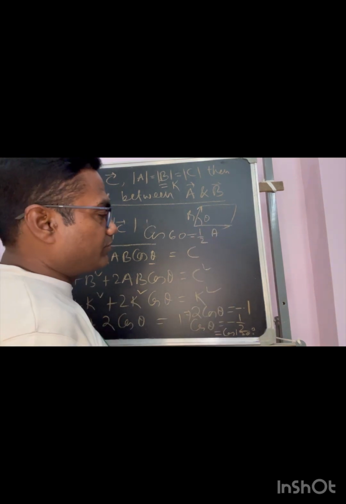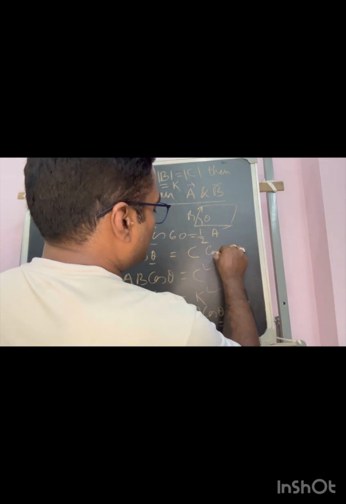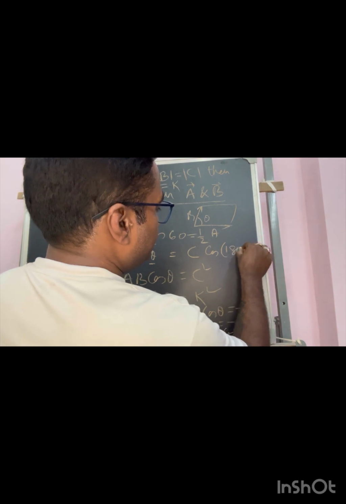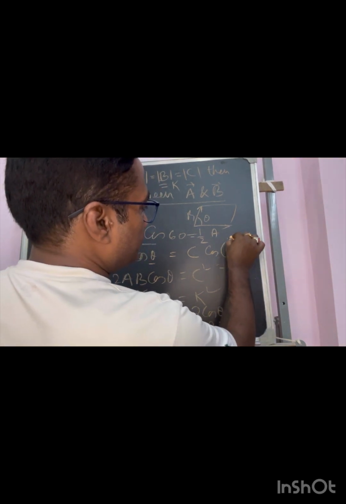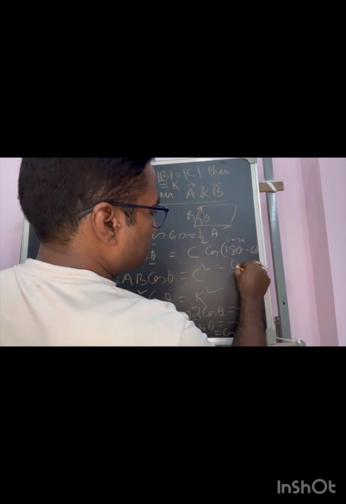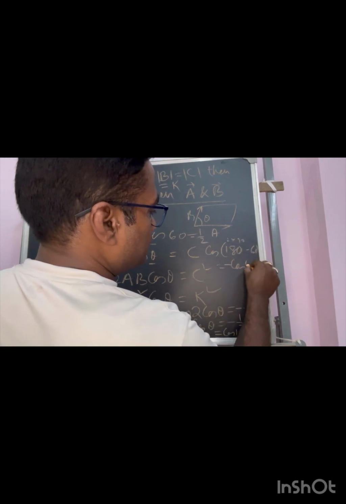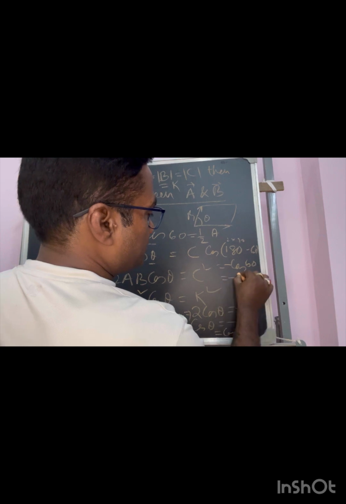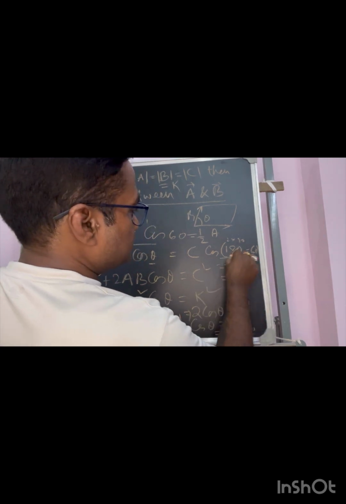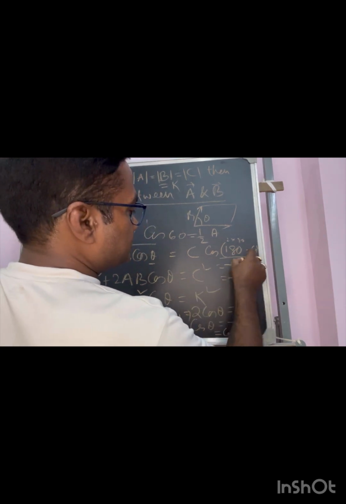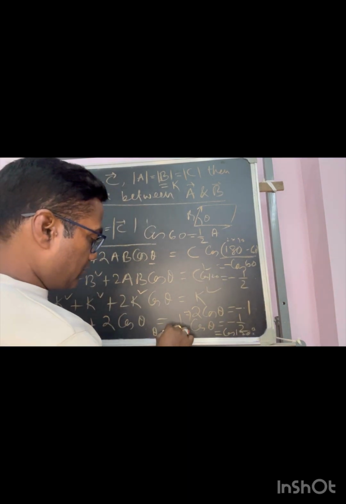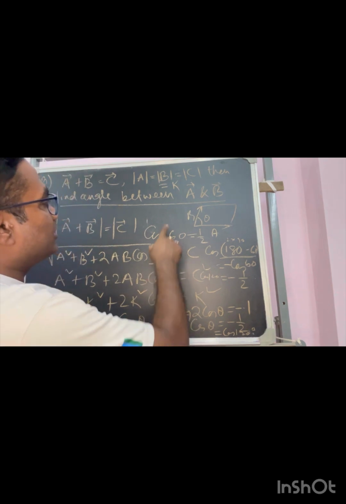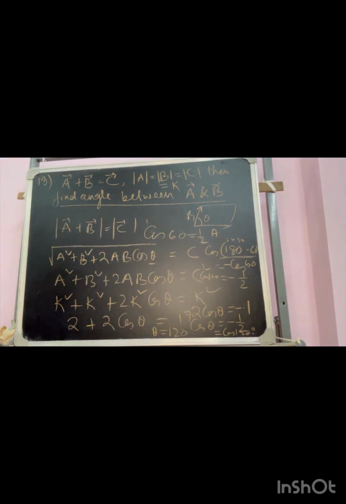That is a standard table, from there you can get. So cos of 180 minus 60, in the second quadrant cos will be negative, so minus cos 60, minus half. So 180 minus 60 means cos 120 is equal to minus half. So theta is equal to 120. So the angle between A and B is 120 degrees.